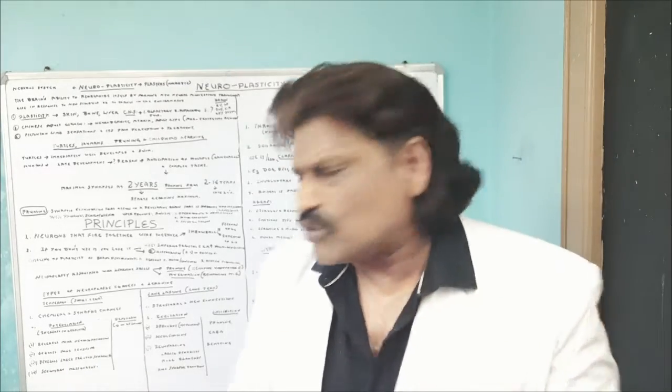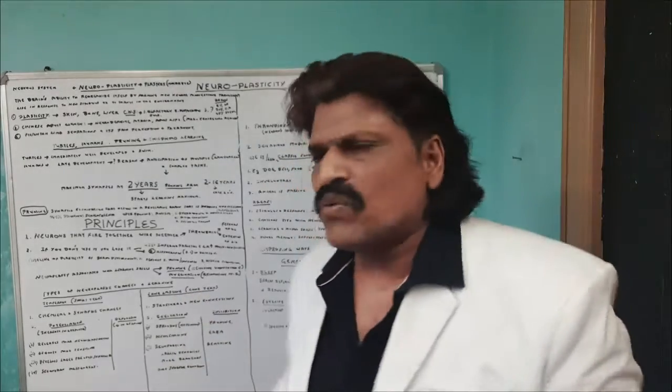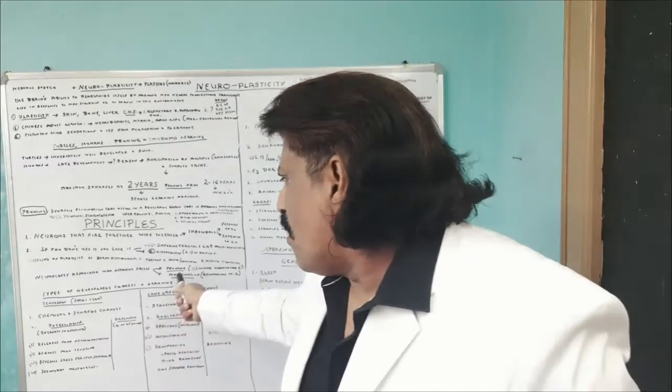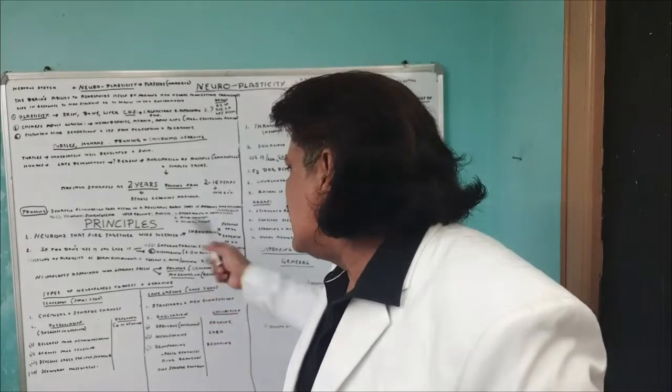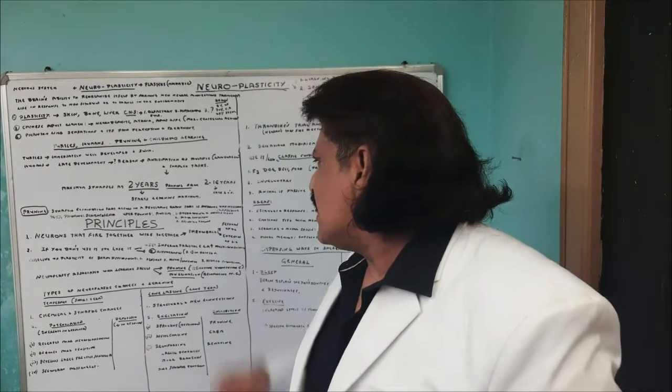So one is myelination, which involves new fiber formation. Second is pruning. As I said, the tree sheds its leaves. Likewise, human beings shed unnecessary synaptic connections. So only whatever synaptic connections are required are present. The unnecessary synaptic connections are removed.